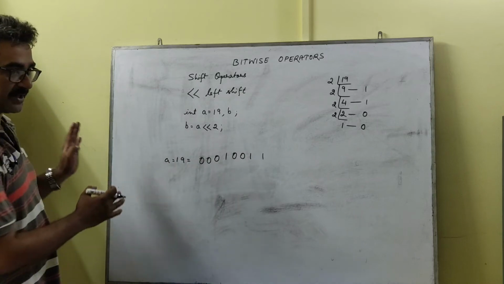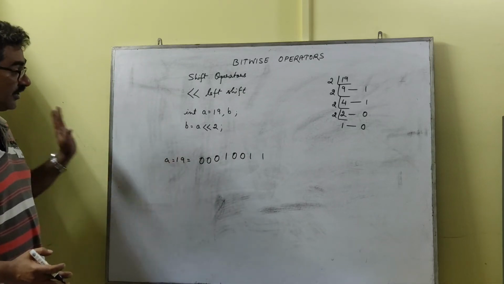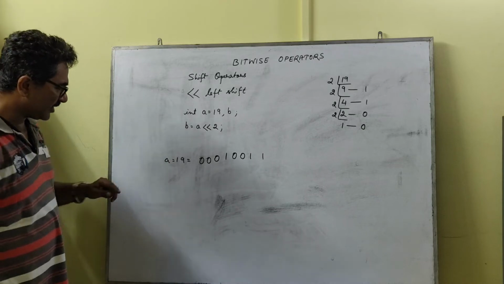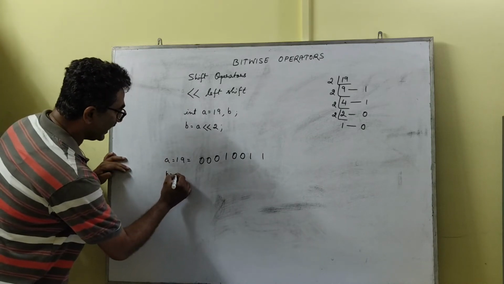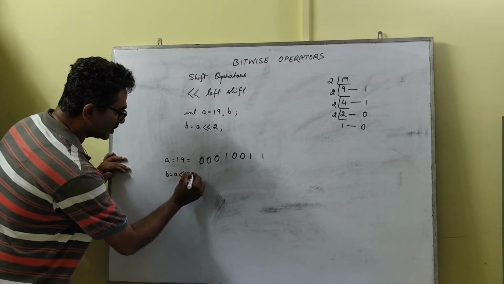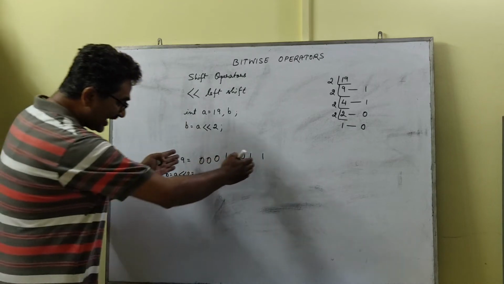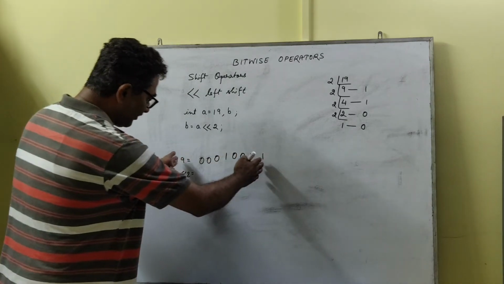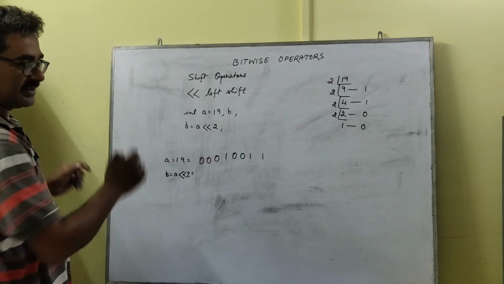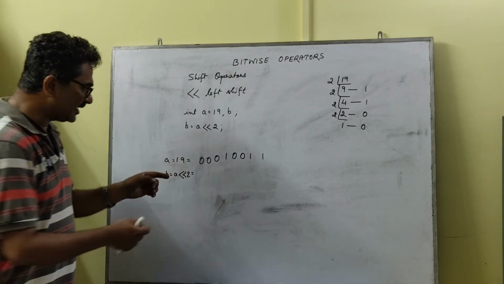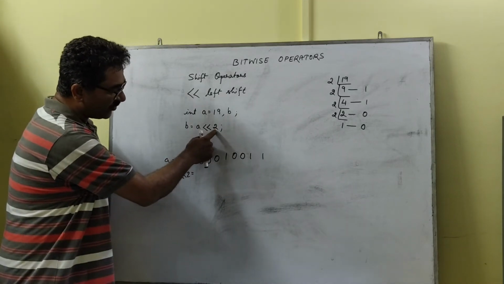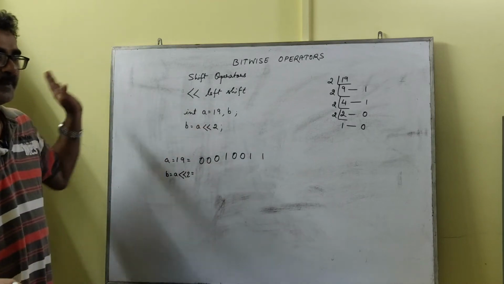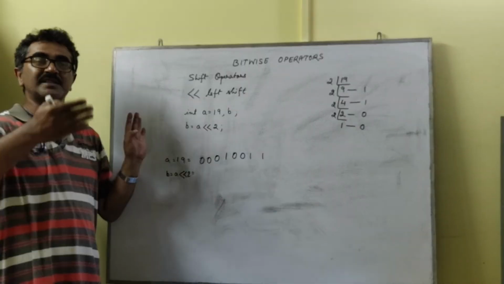The remaining 28 bits on the left hand side are all filled up with 0. Now what I have written is B equal to A left shift 2. So what you can imagine is the entire number gets shifted 2 places towards the left. So what is the resultant? The resultant is, since I have gone for left shift 2, that means 2 bits from the extreme left end will simply get out.